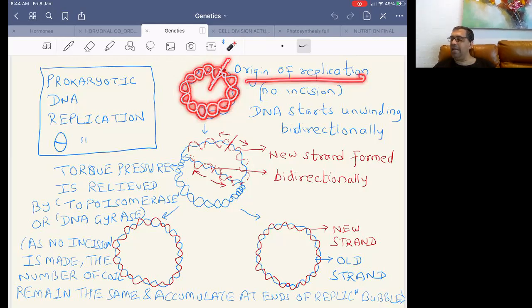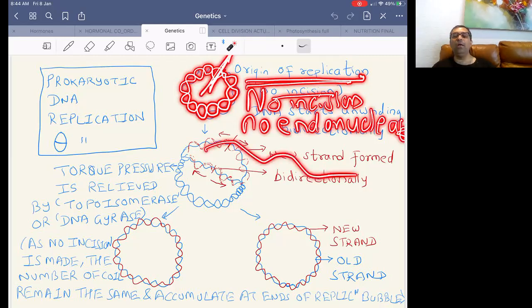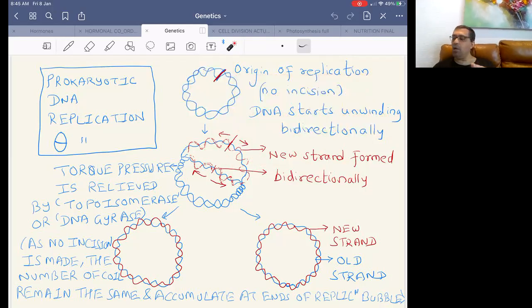In case of bacteria, at the origin of replication, there is no incision, no endonuclease will cut the bacterial DNA. If the endonuclease cut it, bacterial DNA instead of circular will become linear. We don't want that. So at the origin of replication, there is no incision made by endonuclease.